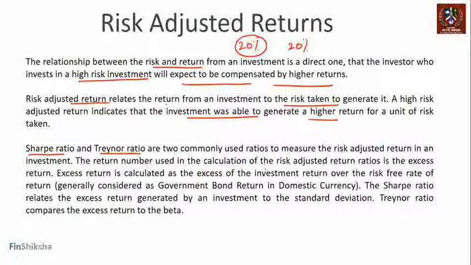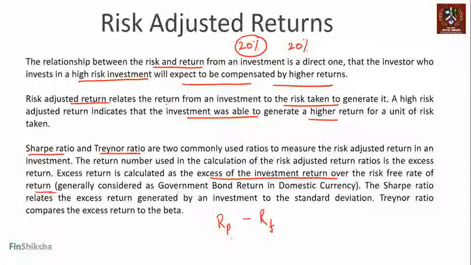The return number used in the calculation for risk-adjusted return is essentially the excess return. How do you calculate the excess return? It is the investment return over the risk-free return. We will probably discuss risk-free return in some other course, but essentially your excess return is the return you have generated on the portfolio minus what you could have generated using just the risk-free instrument.